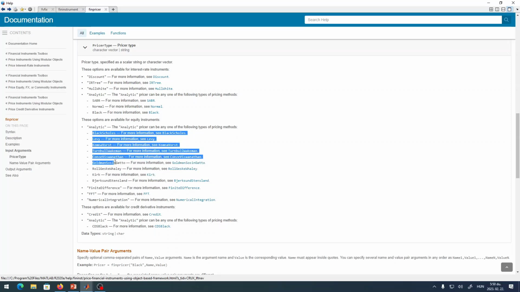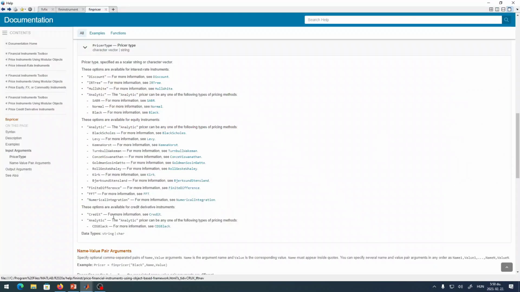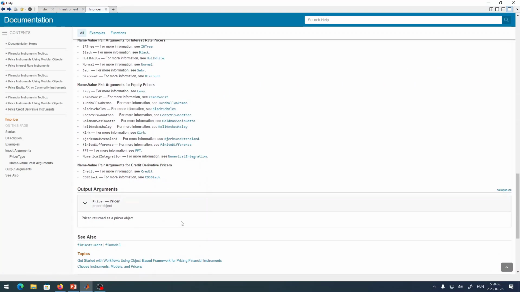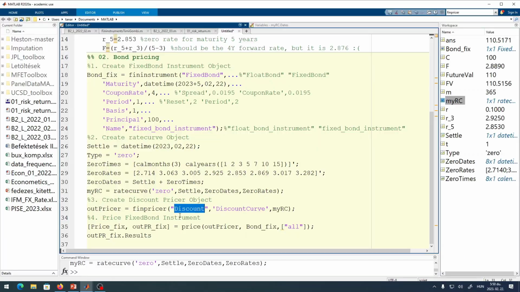But as you can see, there are multiple pricing methods, and also CDS pricing can be there. Whatever, we will work with it later also.